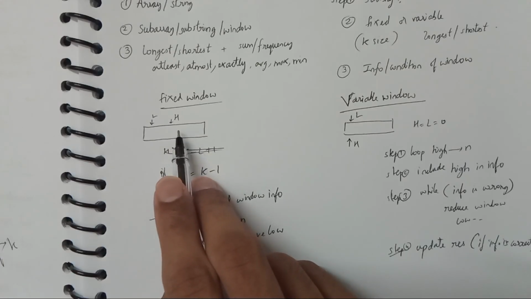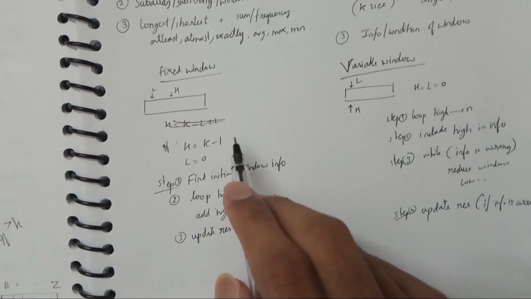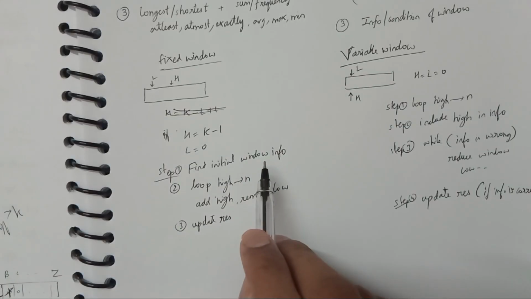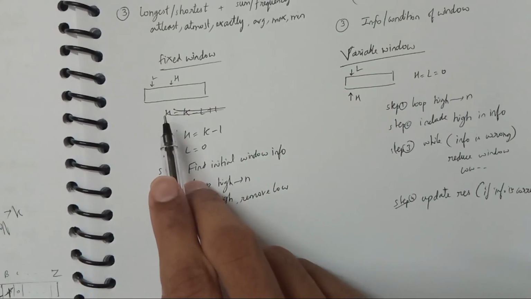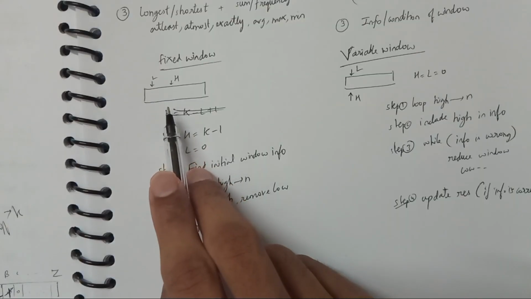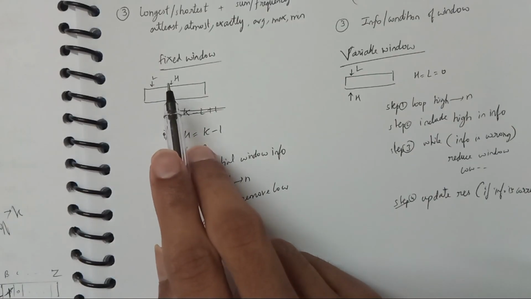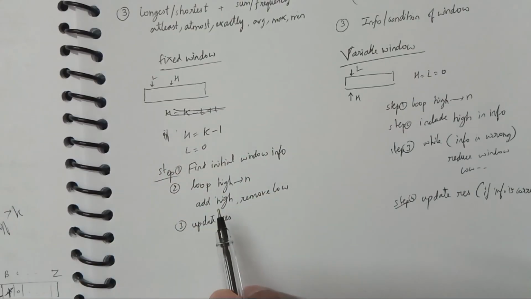High will be initialized at 3. And now initially we find the initial window information. Suppose we want to find the sum of the windows. Then we find the sum of the initial window. Then we loop high from here to n minus 1, and then we update the sum each time, and at the end we update the result.